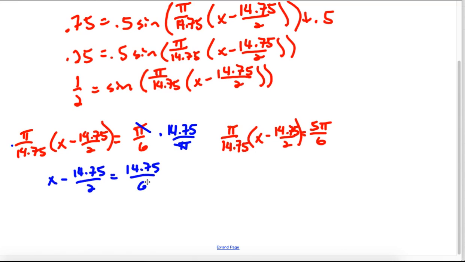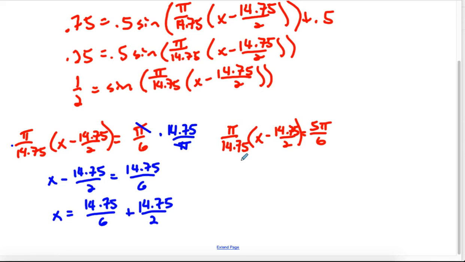I'm just going to leave it as a fraction for now. Then if I add that over, that would be 14.75 over 6 plus 14.75 over 2. If I put that into the calculator, we can get an approximation of how many days it's been.